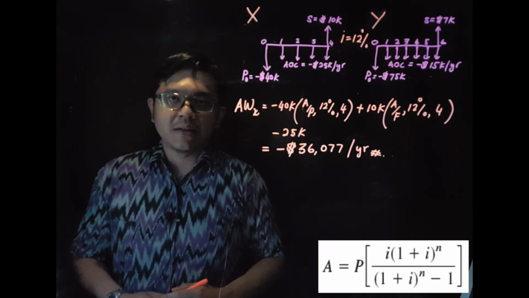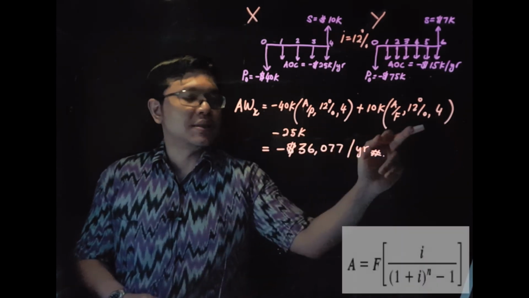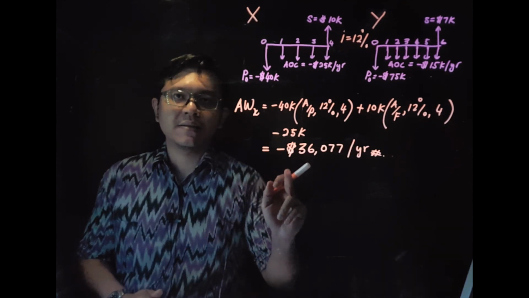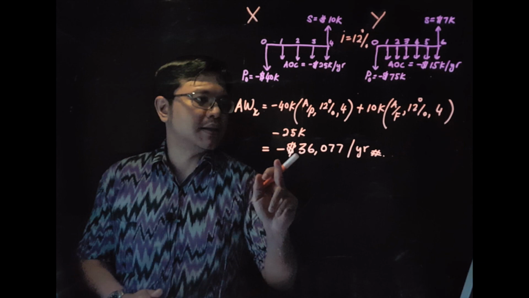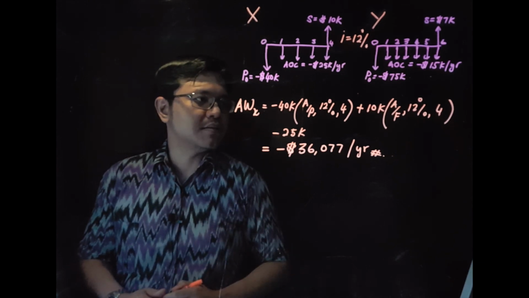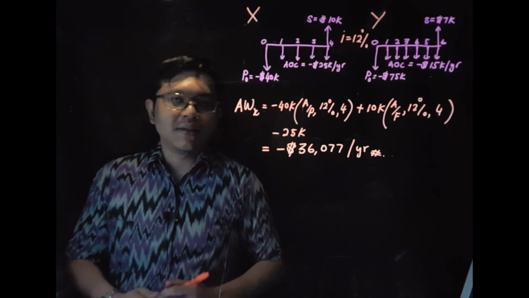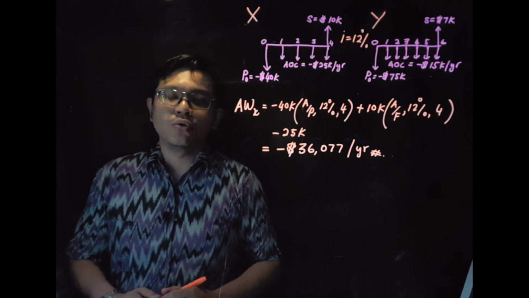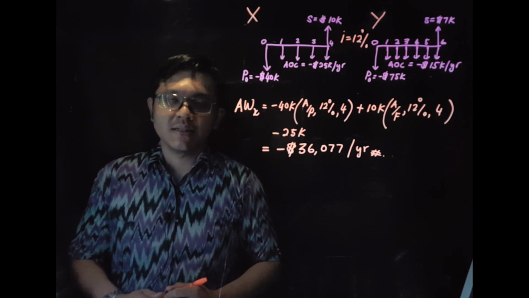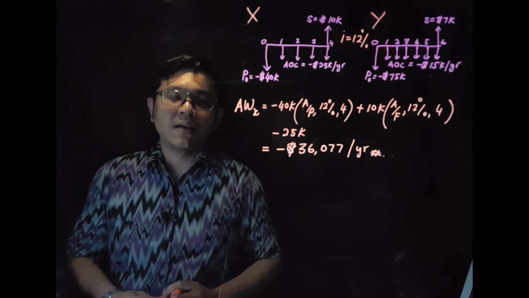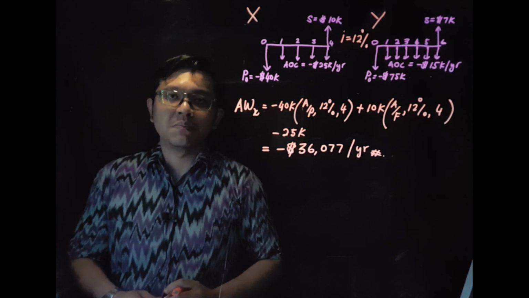If you apply the relevant formulas to convert these two terms, you will find that the annual worth of equipment X is equal to negative $36,077 per year. What this figure is telling us is that owning and operating equipment X will cost $36,000 per year. Now let's proceed to calculate the annual worth value for equipment Y.